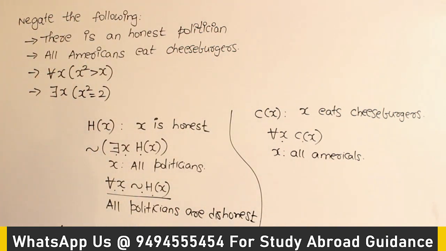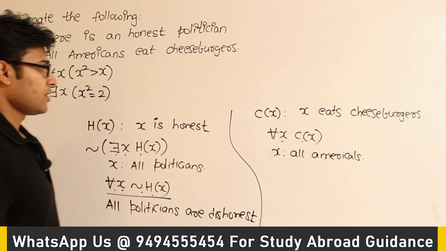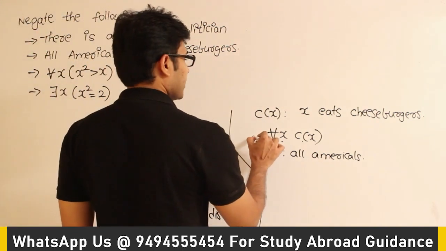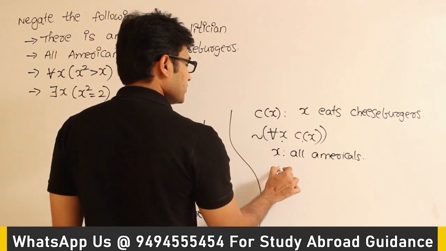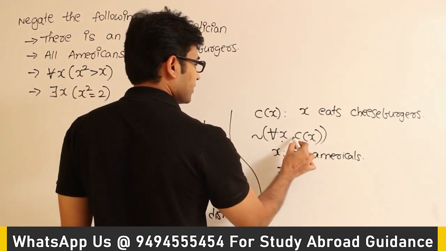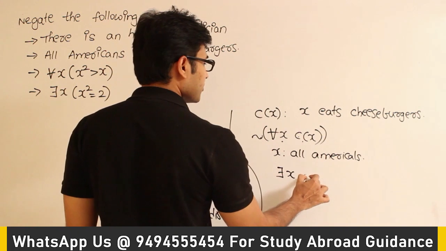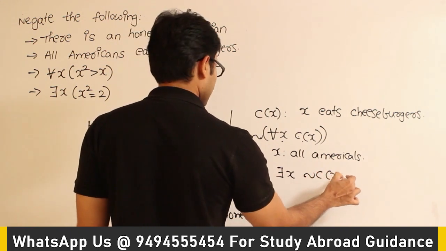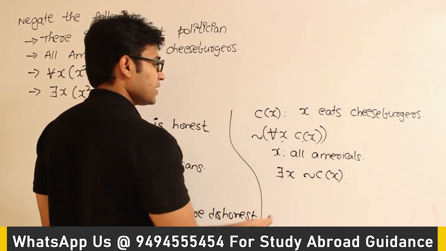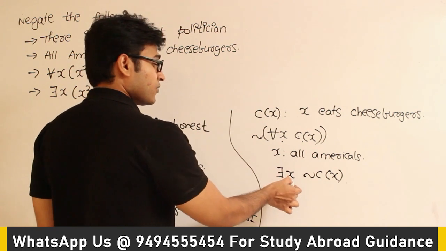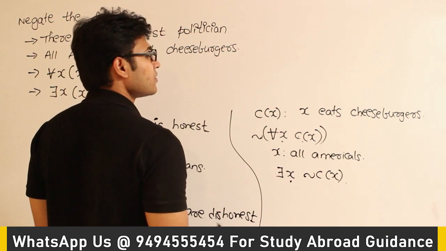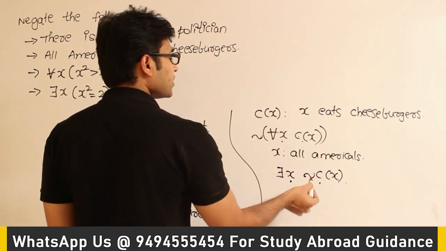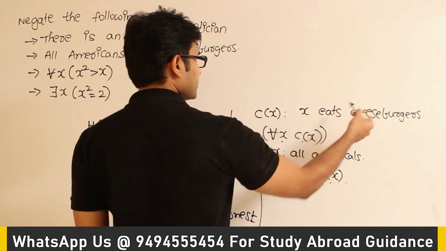All Americans eat cheeseburger. Now I want to negate it. If I try to apply negation to this, then what happens? For all will change to there exists an x, and then the negation will be applied to the propositional function which is c of x. Now what is the meaning of it? There exists an American. Why? Because x is nothing but all Americans, right? So there exists an American who does not eat cheeseburger, because c of x represents x eats cheeseburger.